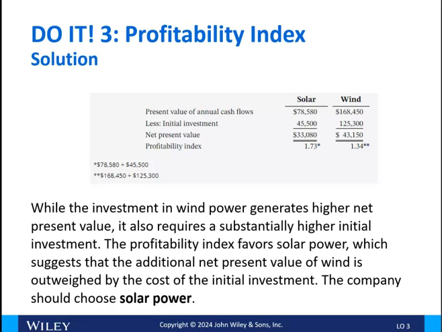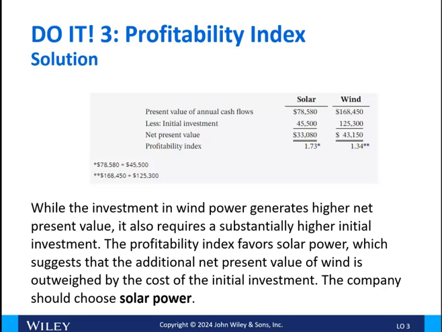So for solar, net present value is 33,080 and a 1.73 profitability index. Wind has a higher net present value, 43,150, so just over 10,000 higher, but a lower profitability index at 1.34.